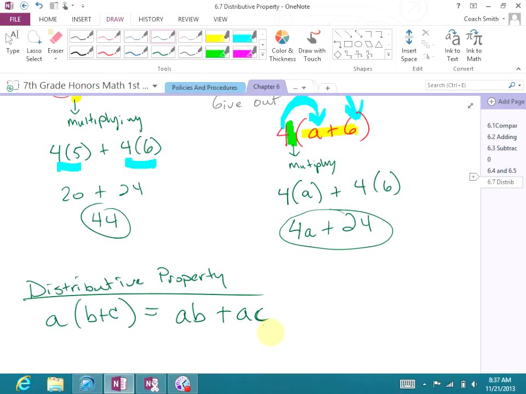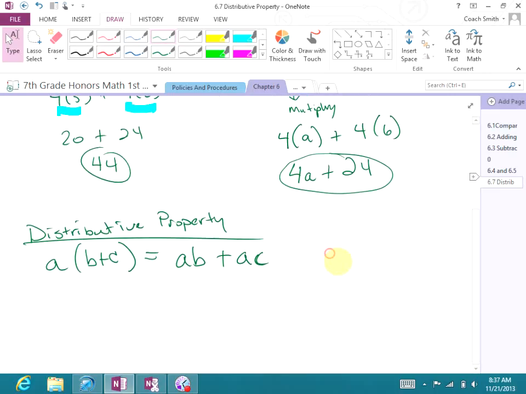Most people will call that algebra form. The other way you will see it is this way: A times (B minus C) equals A times B minus A times C. So that's the two ways that they're going to express the property using variables instead of numbers.